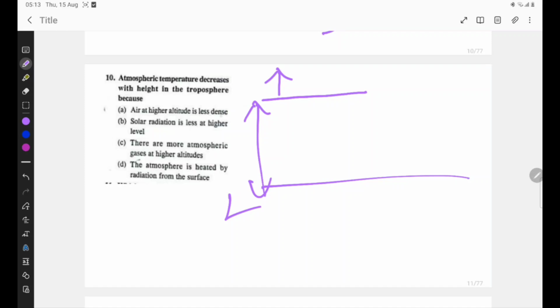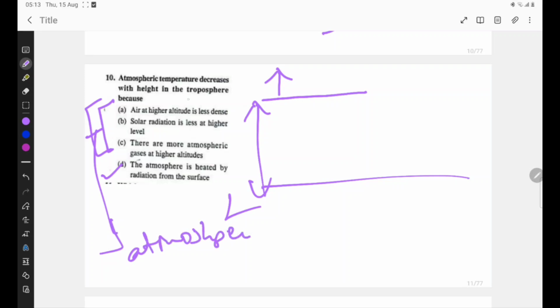Air at higher altitude is less dense, or solar radiation is less at higher levels, or there are more atmospheric gases at higher altitude, or the atmosphere is heated by the radiation from the surface. See, all these statements are true, but the answer is the last one. Why? Because these statements are true with respect to the entire atmosphere, but the question here is specific to the troposphere.